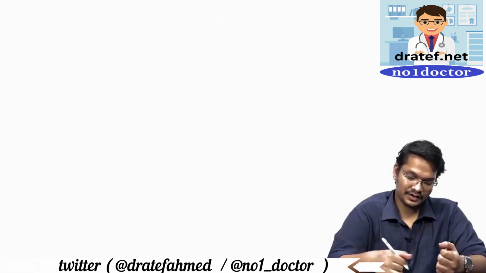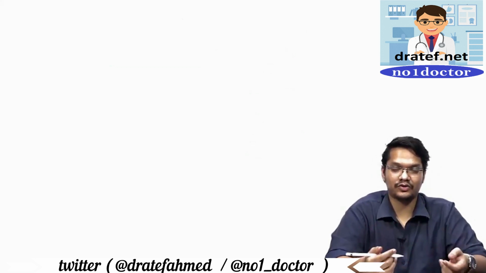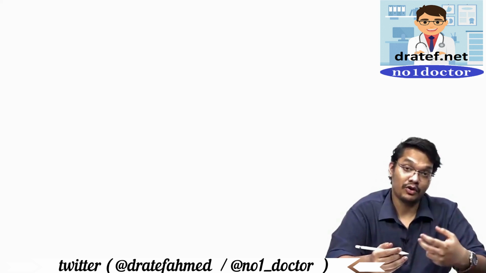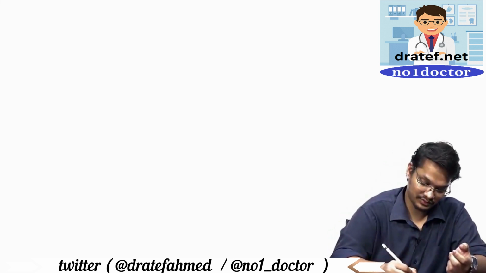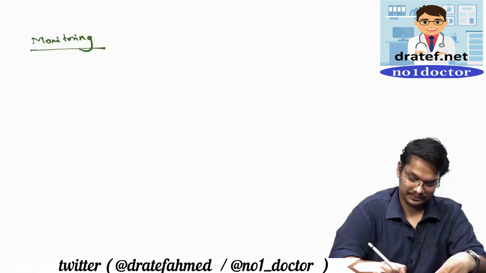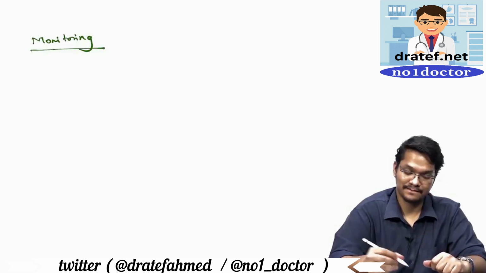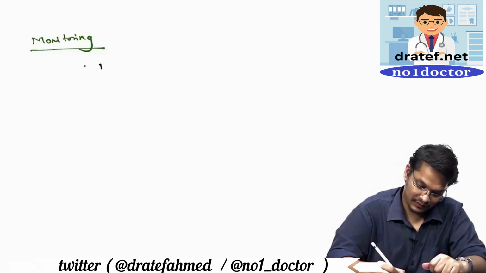Now once you have started giving the patient fluids, inotropes, and vasopressors, how will you monitor the patient? Monitoring. Okay. The first thing that you need to know is the most accurate method.